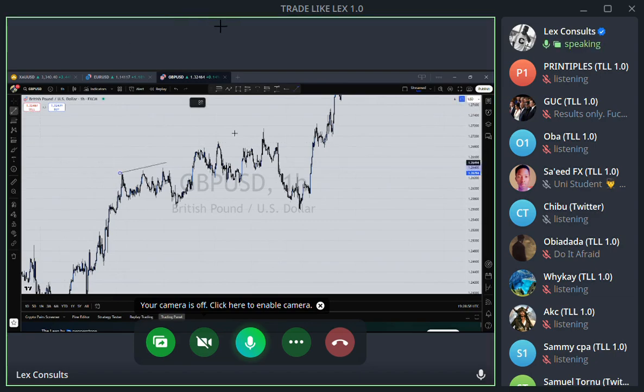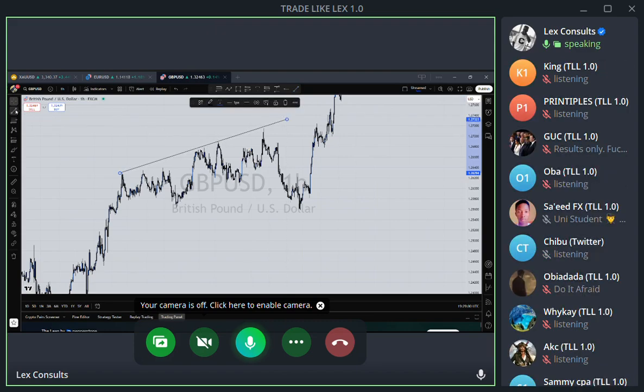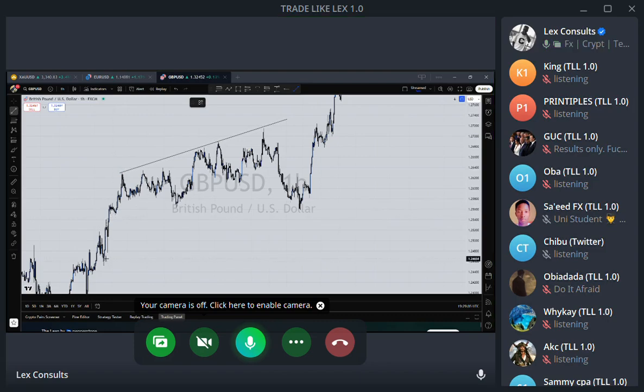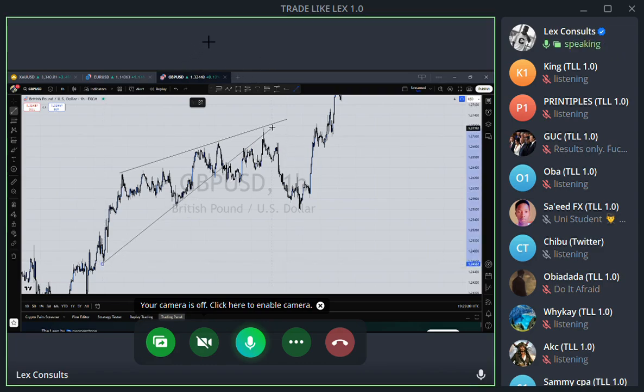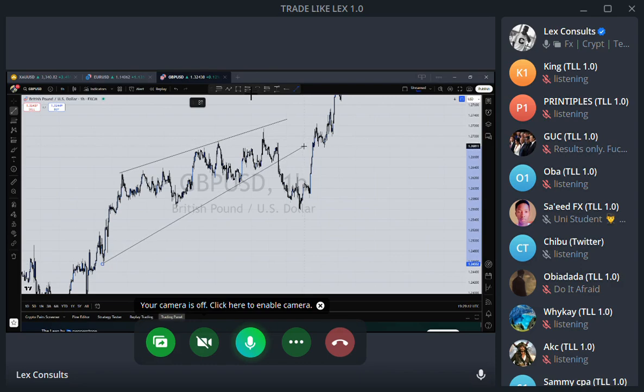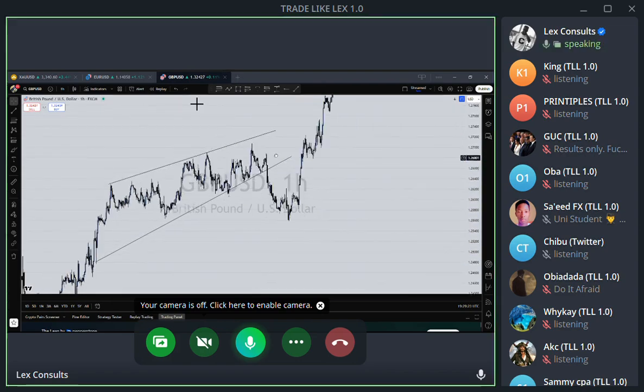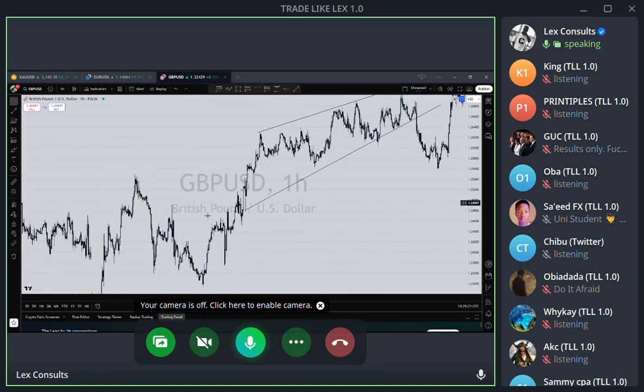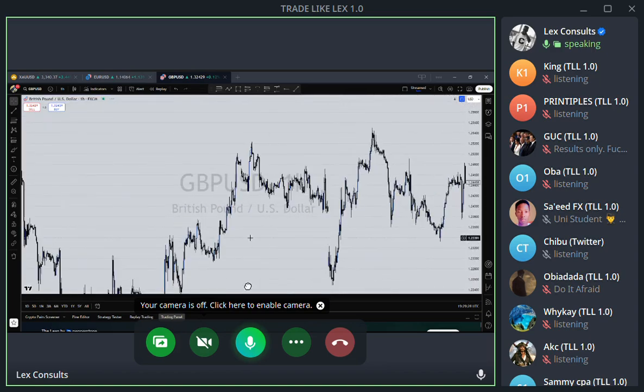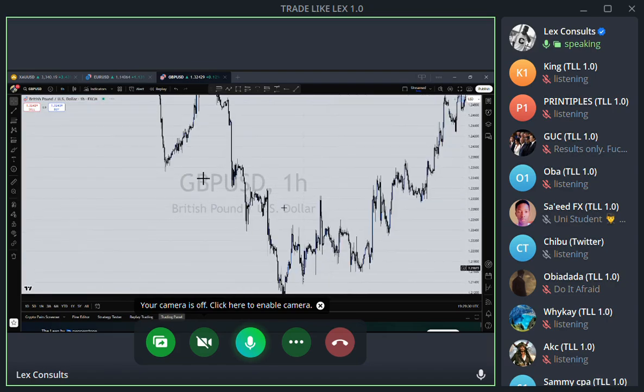We have ascending resistance and ascending support. Let me take our support from here. So something like this is a rising wedge because it has ascending support and ascending resistance, like I mentioned.